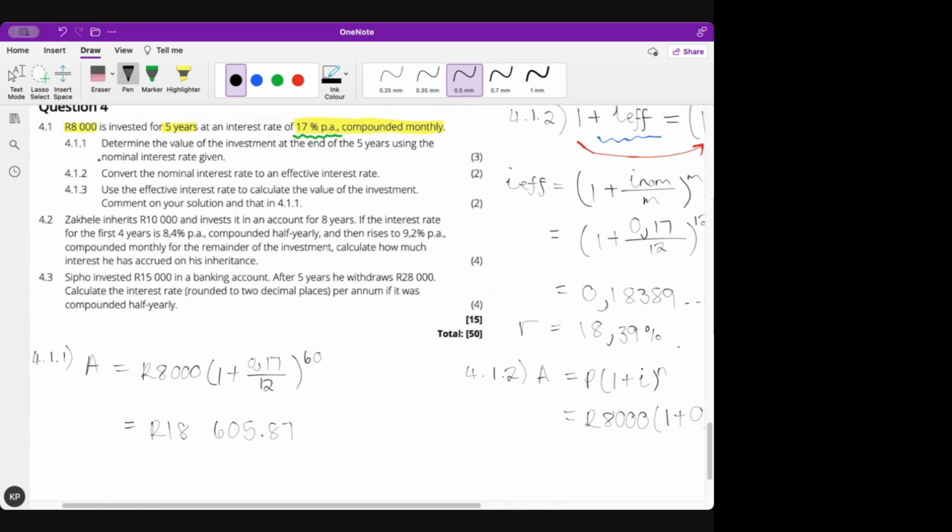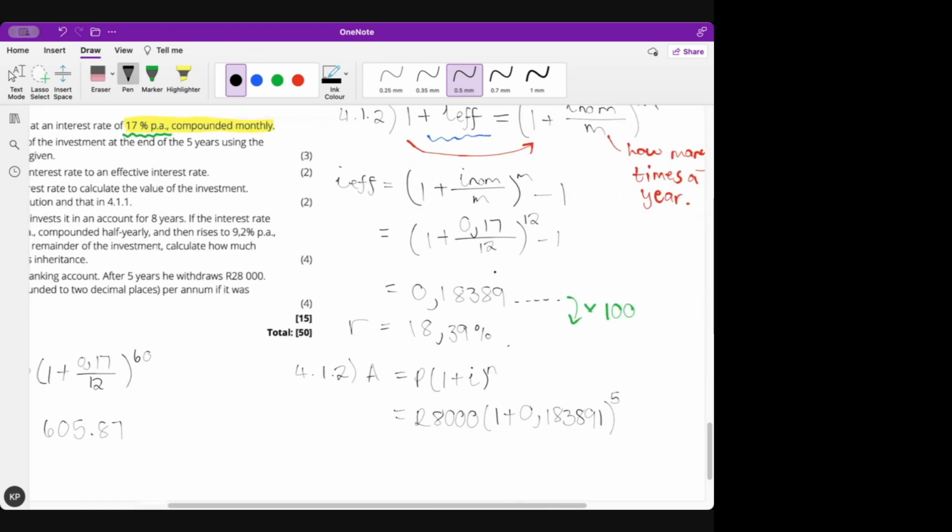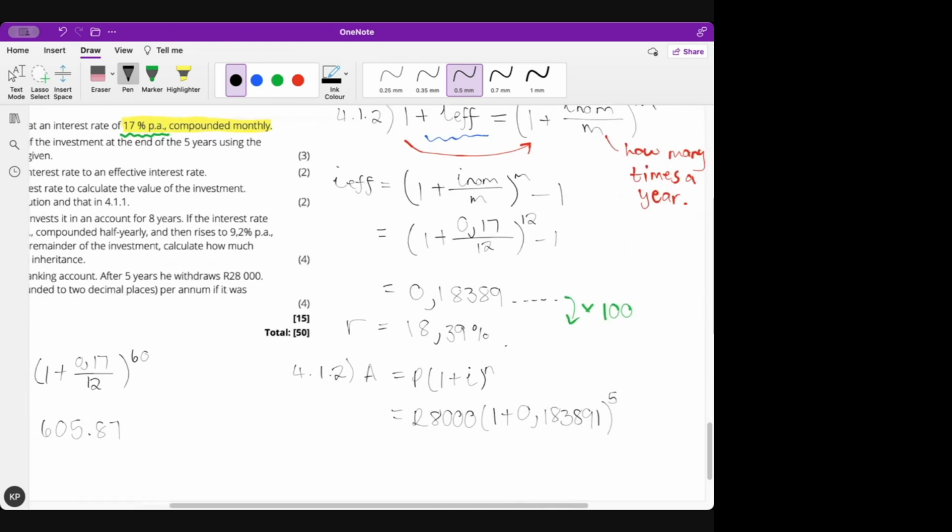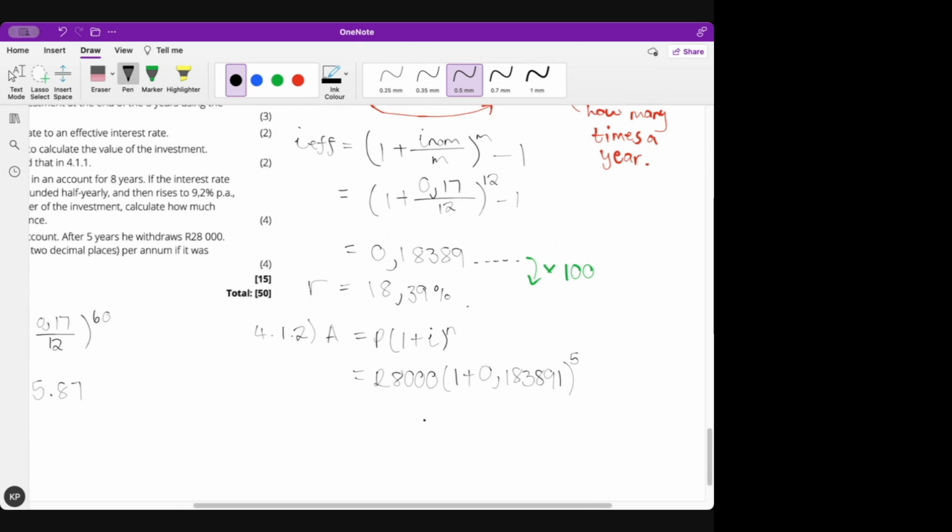So when you're using your nominal interest rate, you go ahead and do the whole times how many times it's compounded and divide your interest rate by how many times it's compounded. But when you're using your effective interest rate, you just use the formula the way it is. No times or divide. Does that make sense?